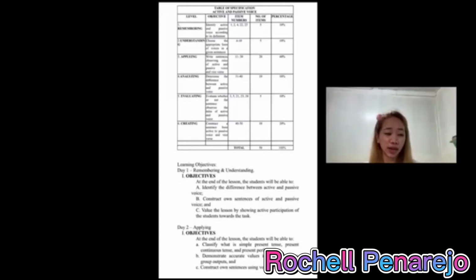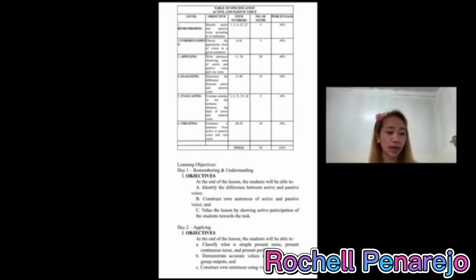So it connects to our applying in the table of specifications, which has an objective of write sentences observing rules of active and passive voice and vice versa.